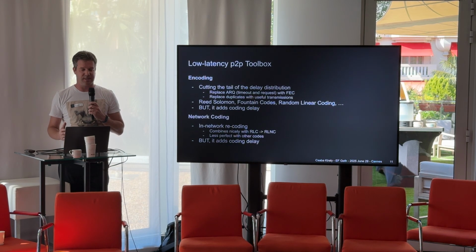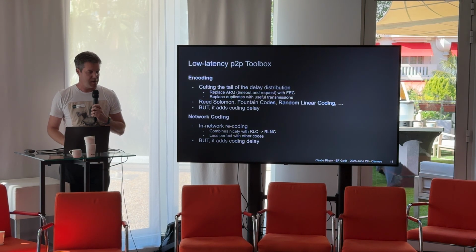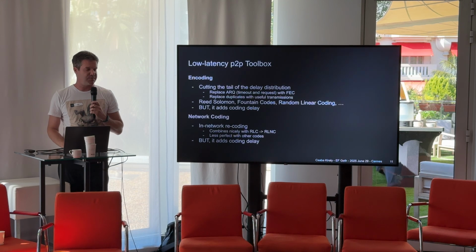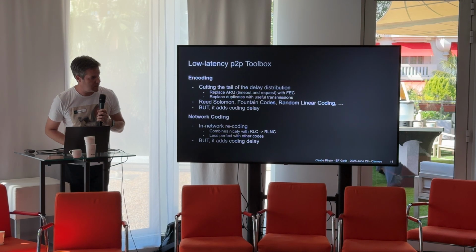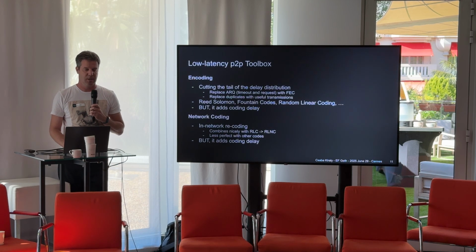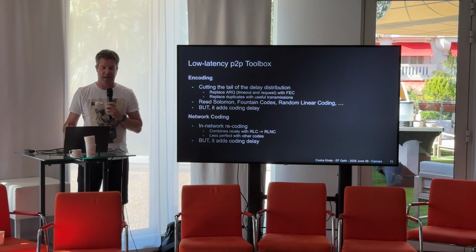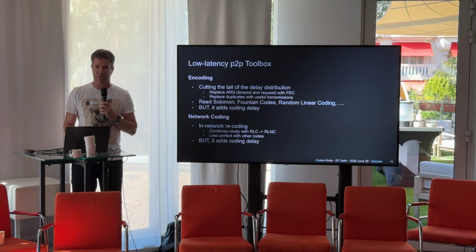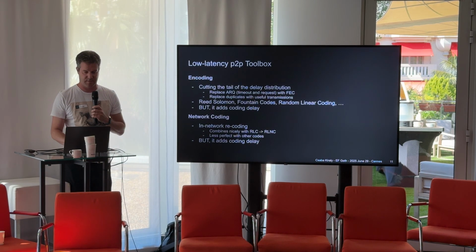It comes with the compromise that then you have to collect all the pieces before you can get anything useful out of it. But it's a technique which combines very well with random linear codes. You can try to do something similar with other codes. It again adds coding delay, but it can speed up and make our network more efficient.